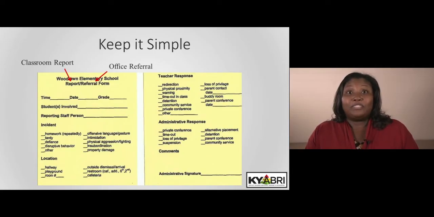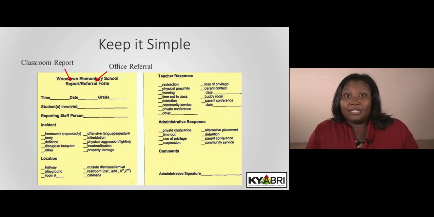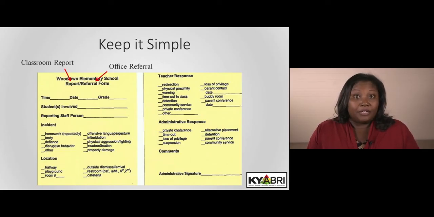Note that the form uses check marks as much as possible and has a designation on top for report, something that is simply noted by the adult for future data, and referral, something that is going to the office for administrator handling. The report version is important, as those smaller behaviors that do not go to the office are still misbehaviors and are predictive of larger problems. We need to collect this data as a means of predicting who might be having larger problems later.